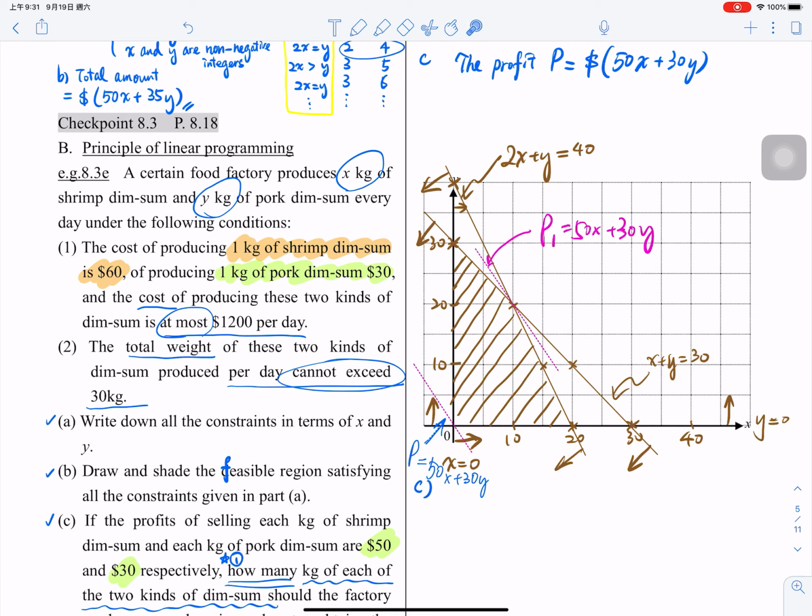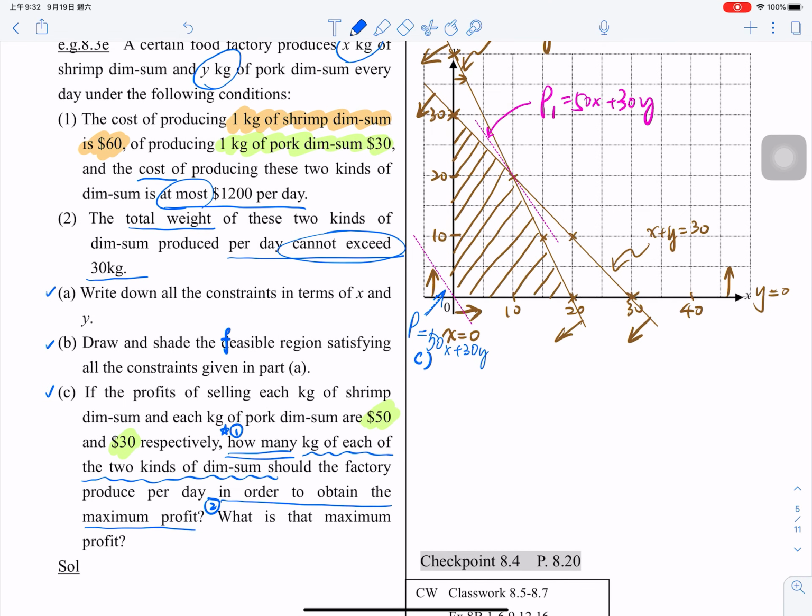Actually, we have several points. I want you to pay attention to the points on the vertices of this shaded region. About the vertices, here we have 1, 2, 3, 4. These 4 vertices can help us find out the maximum and the minimum values. Now, have a look. When we stay at this point, 0, 0, then what is the profit, P?